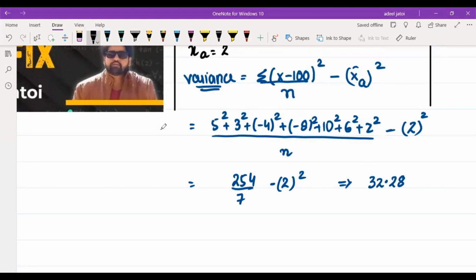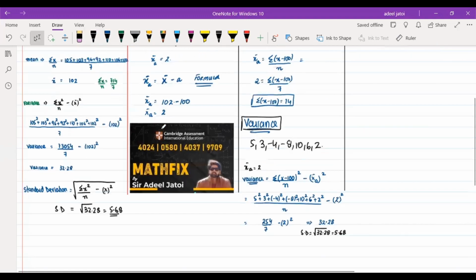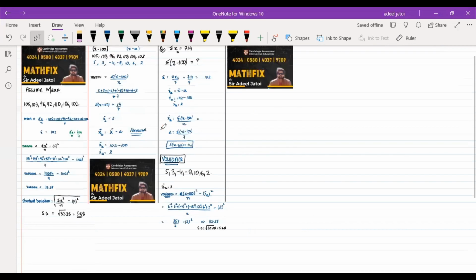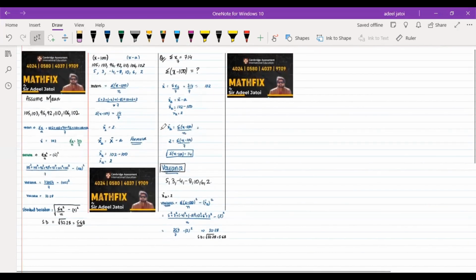Similarly, if I want to find the standard deviation, this would be the square root of the variance, the square root of 32.28, which is equal to 5.68.